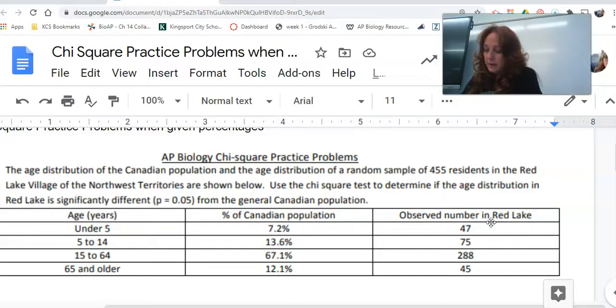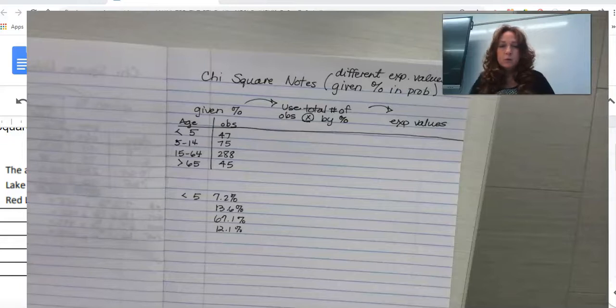And it makes sense that 288 would be large because that group has a huge bunch of people in it. And then I'm going to write my percentages down here. So I've got 7.2, 13.6, 67, and 12.1. And now I'll work with those numbers.